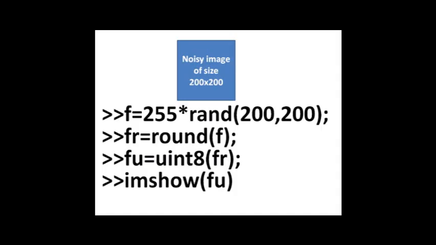Now for storage reasons again, we have to convert the decimal integer to storage integer, which happens by uint8. So we use uint8 over fr, and we put the return in the variable fu. In the end we're going to display the data stored in fu by info, and these variables f, fr, fu are all user chosen. You could have used other variables of your choice.